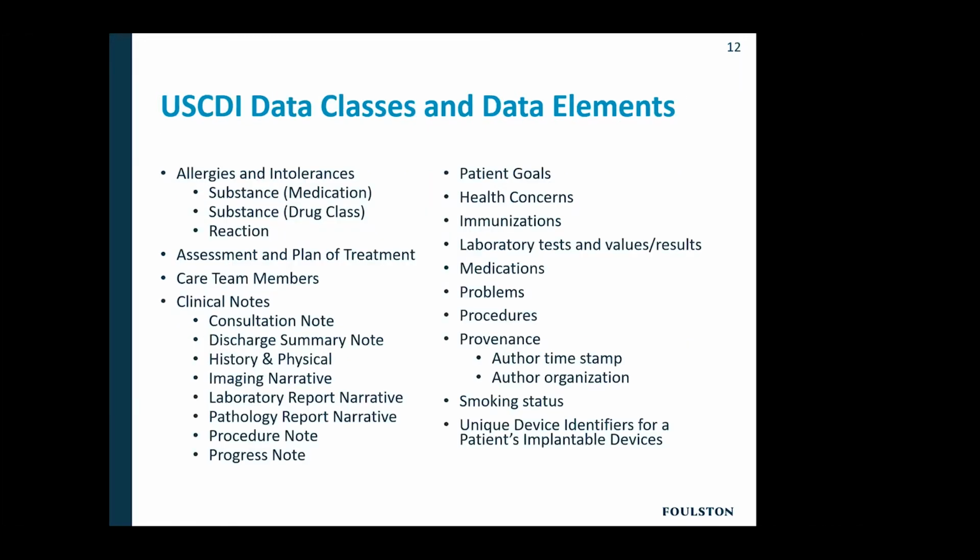As I mentioned, for the next essentially 22 months after the effective date of the rule, so until October 6th of 2022, we're really looking at requests for information that include the data elements and data classes of the USCDI standard. I took some of the big primary ones from the website here, but as you can see, it covers a lot of information, and a lot of information that may not currently be in a patient portal. You're looking at all the various different levels of your clinical notes, problems, procedures, smoking status.